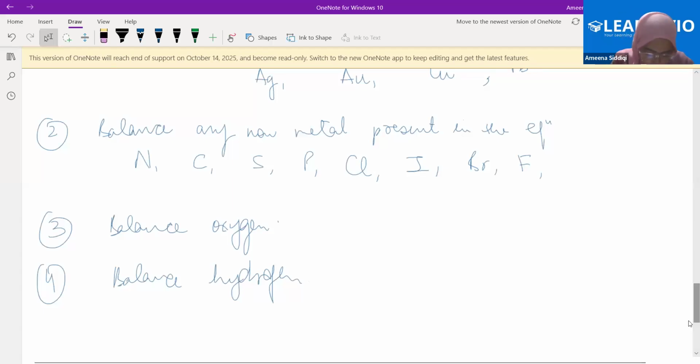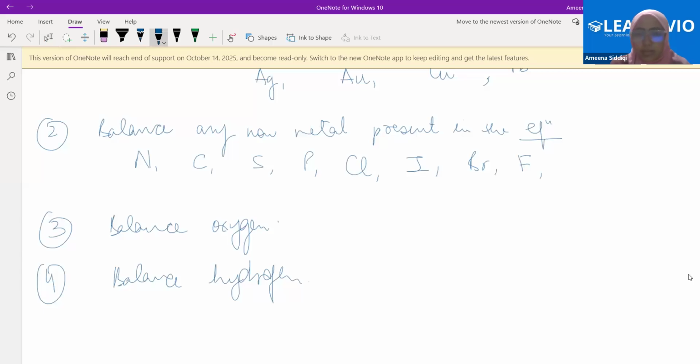Just a second. Should I give you the example? Have you written this down? Balance any non-metal present in the equation.